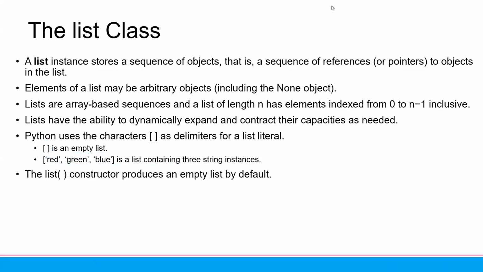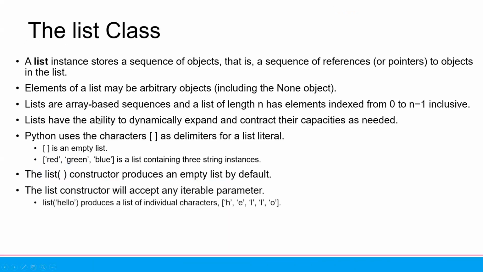We can create an instance by using list like this with the parentheses. So this is a constructor to produce an empty list by default. And this list constructor will accept any iterable parameter.